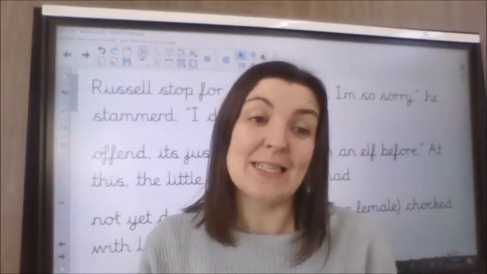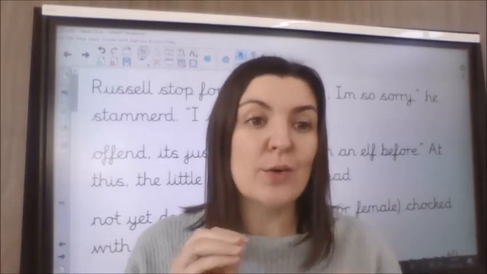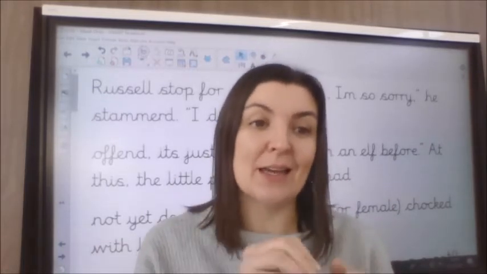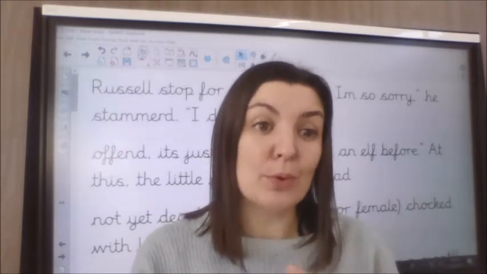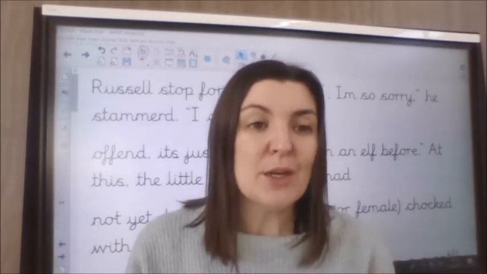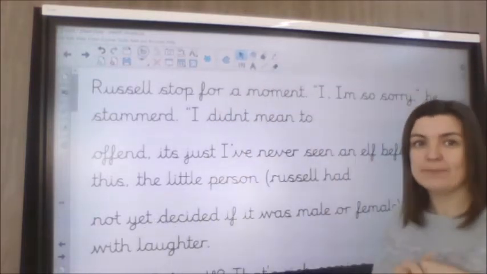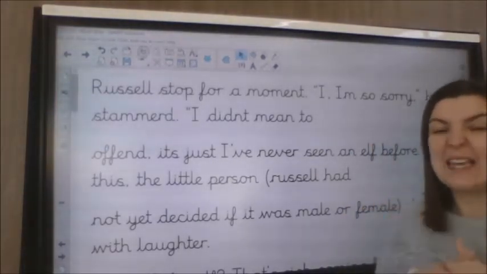So proofreading today then, you have got a piece of text in your workbook where you have got to find mistakes and correct them. So we're going to go through a few examples together on the board so that you know exactly what you have got to do. So I've got a little bit of text here and I'll do the first sentence and then we'll do a couple together.